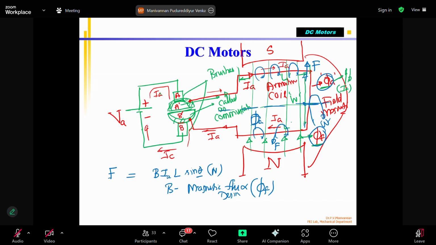IA is nothing but the armature coil current, armature current in amps. Then you have L. L is the length of the coil, as I told you.